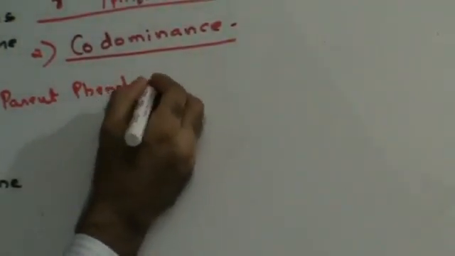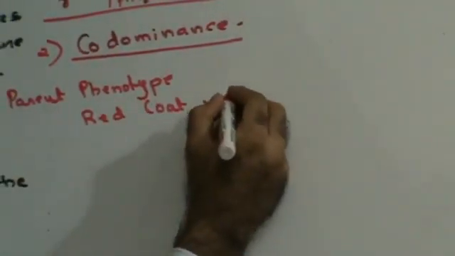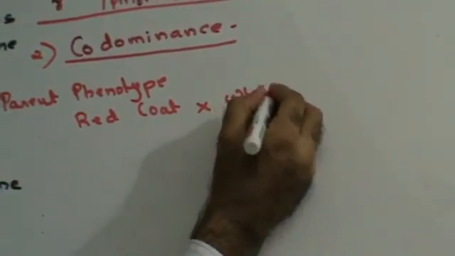Suppose I take the parent phenotype: a red coat cattle crossed with a white coat cattle.